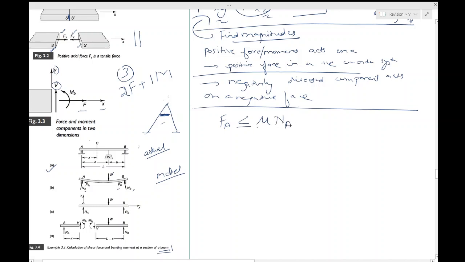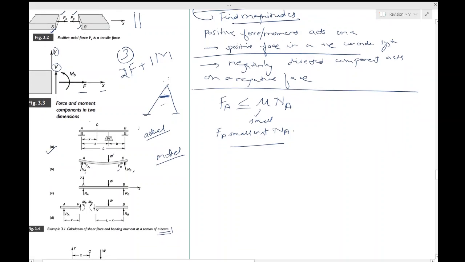If this value is small, then the friction Fa will also be small with respect to Na. And that is the reason why we are ignoring friction and only showing the vertical reactions over here.